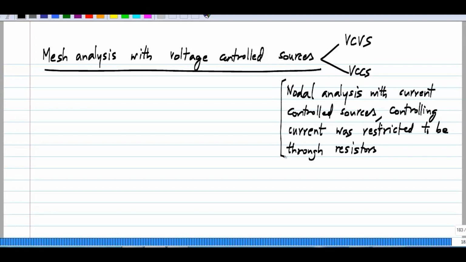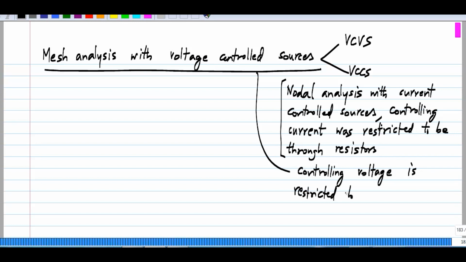Now similarly, in this case, when we have mesh analysis with voltage controlled sources, the controlling voltage is restricted to be across a resistor.